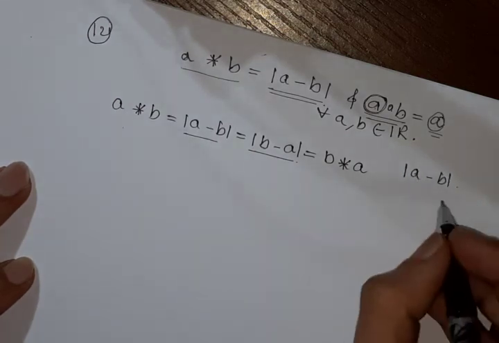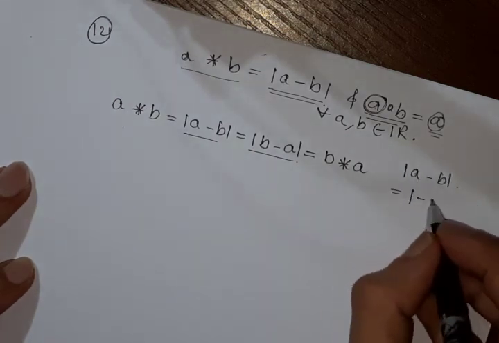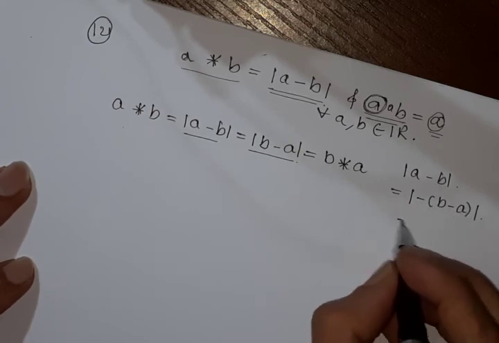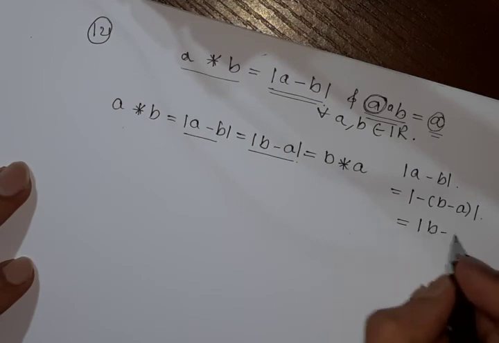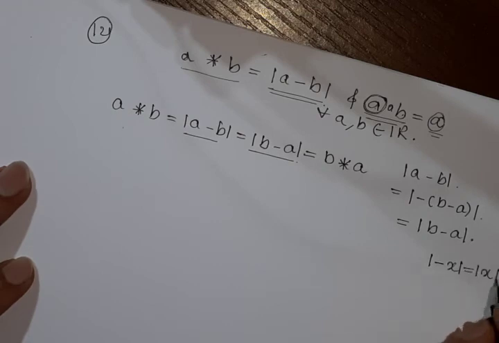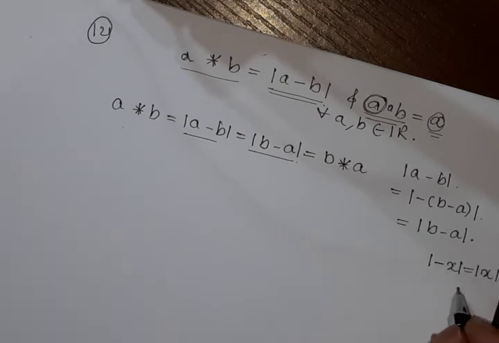Modulus of A minus B, we can write it as modulus of minus of (B minus A), which is equal to modulus of B minus A, because modulus of minus x is modulus of x. You know this.